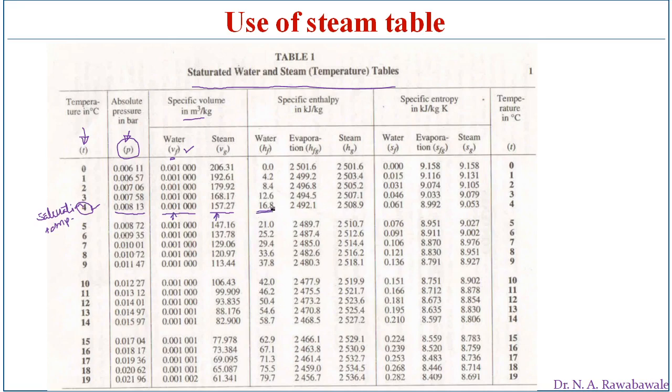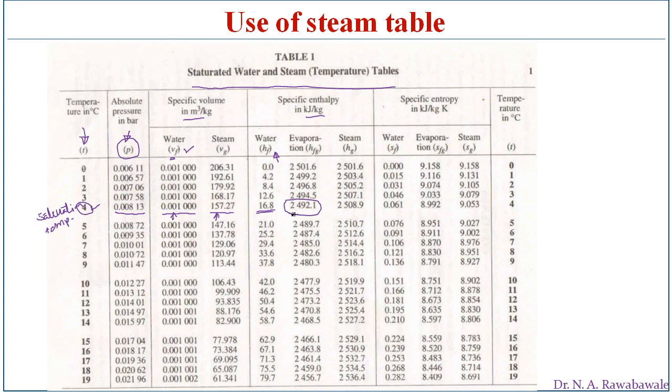Then the enthalpy of water in kilojoules per kg, the specific enthalpy per unit mass of the steam, is given in this column. The very first column in this section is 16.8, the enthalpy of saturated water, and this is the enthalpy of evaporation, or we call this the latent heat of vaporization or evaporation.